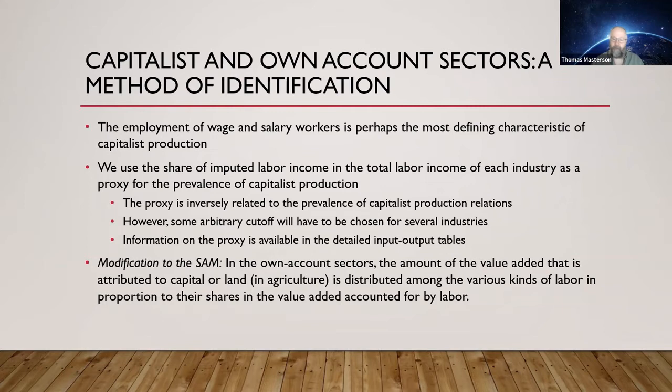All of the income is distributed among those kinds of labor in proportion to their shares in the value added accounted for by labor. That's how we distribute income in the own account sectors.